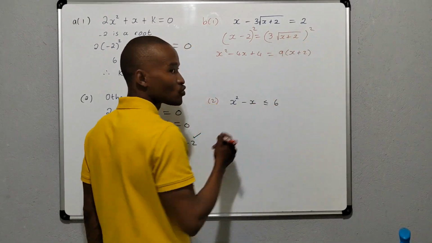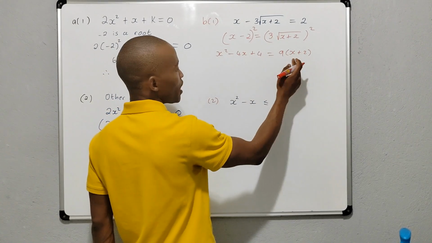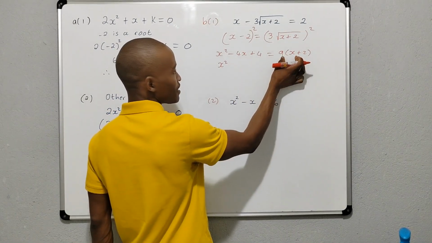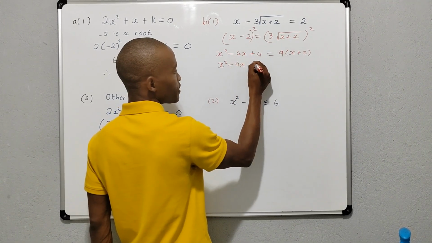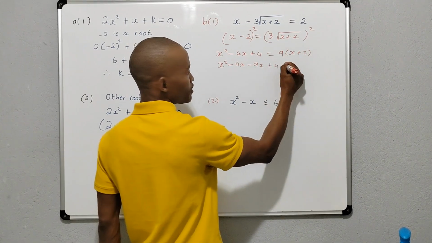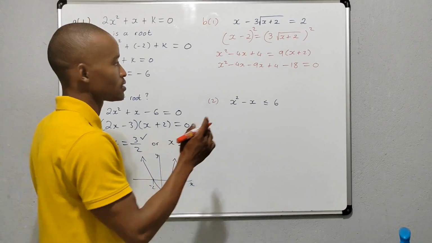The cancellation of the square root and the square happens there. And we can now group our like terms. We're going to have a 9x this side, transpose it, we'll have minus 9x, plus 4, 9 times 2 is 18, transpose, is equal to 0. Okay, let us clean up.